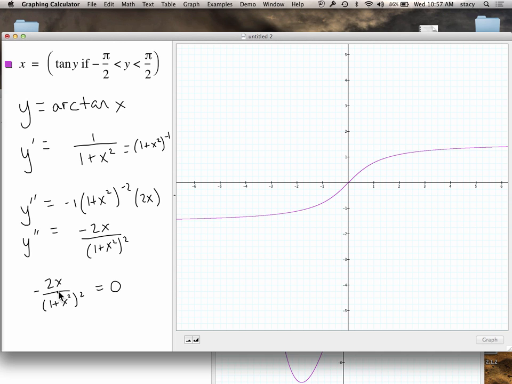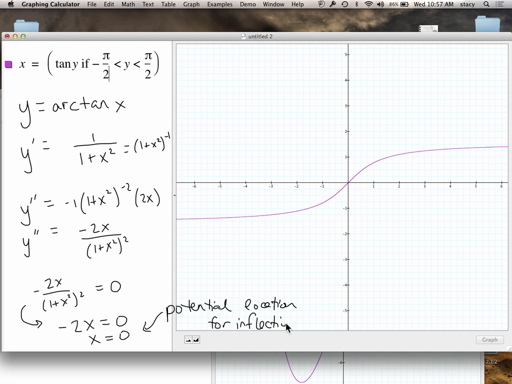So if the numerator is 0, right? So solving this equation is equivalent to solving this equation, which is super easy. Okay, so here we found our potential location for an inflection point.